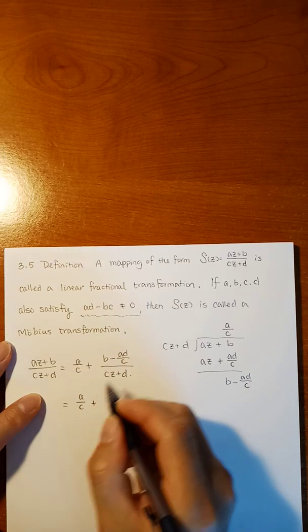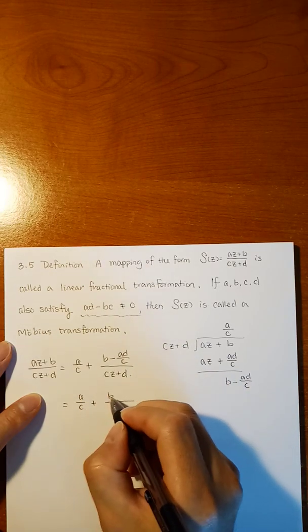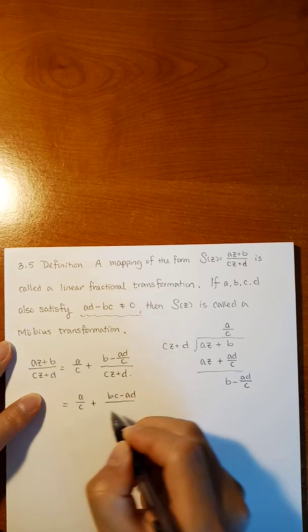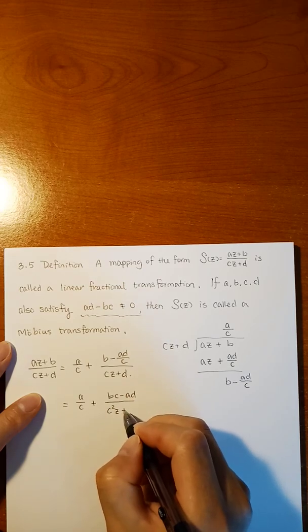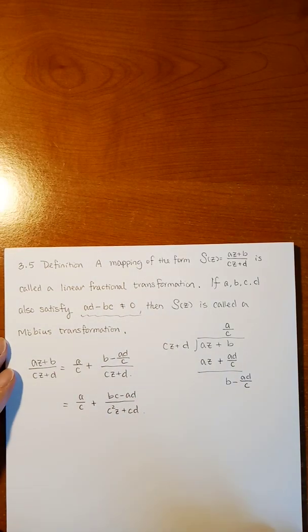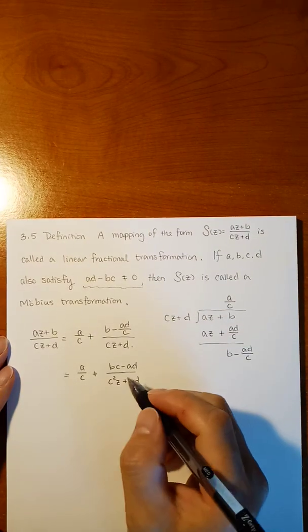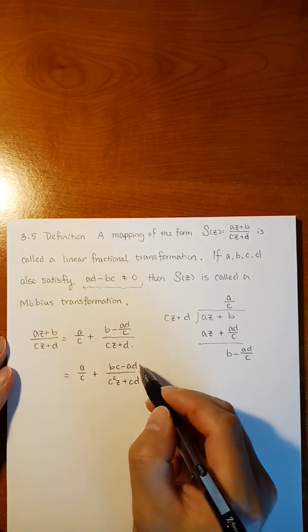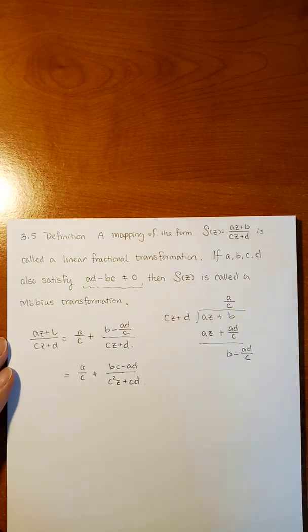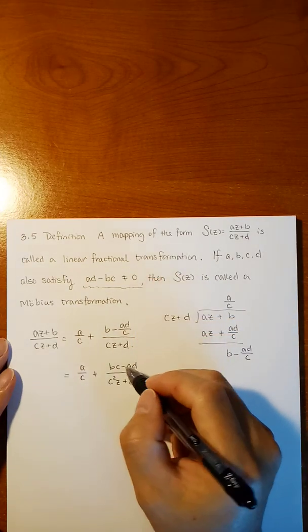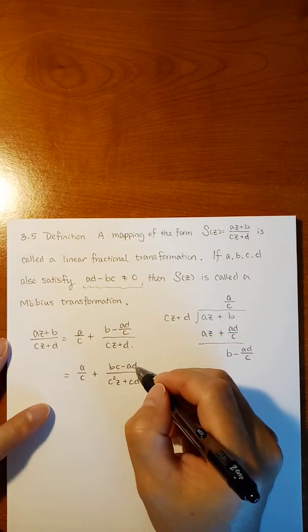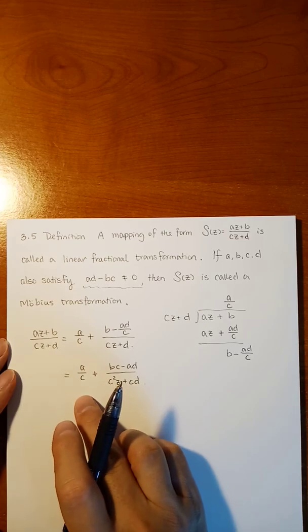Let's write one more step. So it's (bc minus ad) over (c squared z plus cd). Now you can see that if bc minus ad, or ad minus bc, almost the same thing, is 0, then you have a constant function.